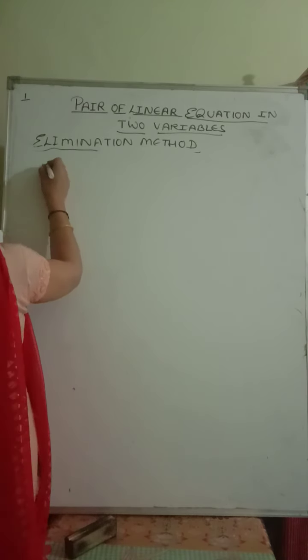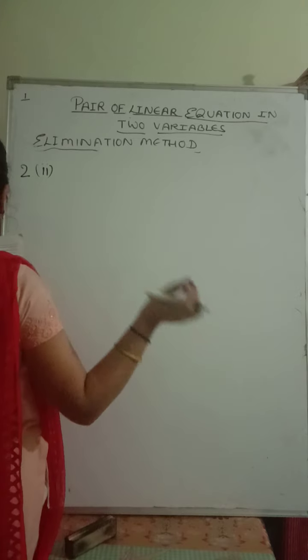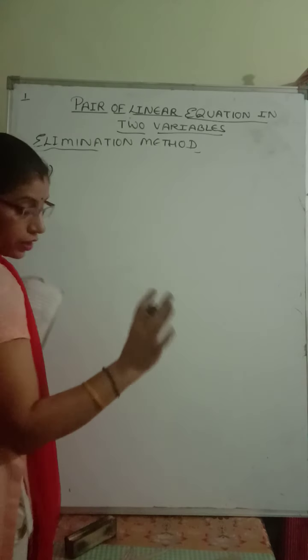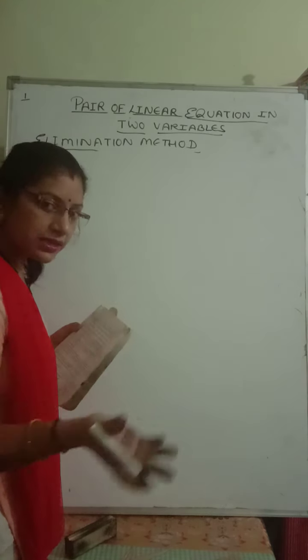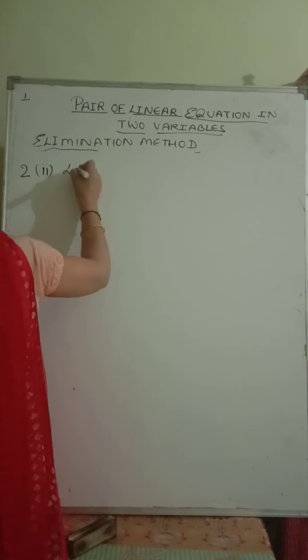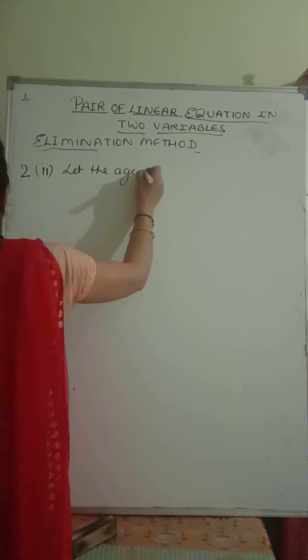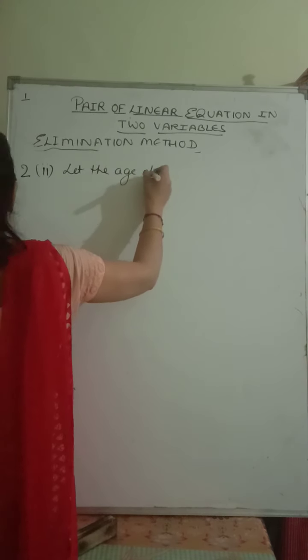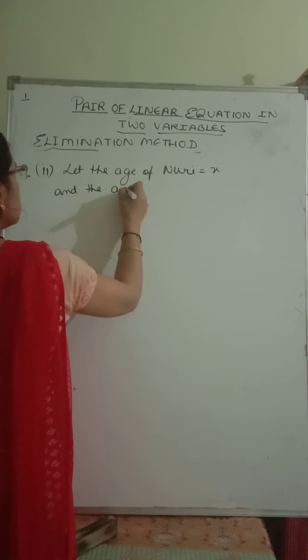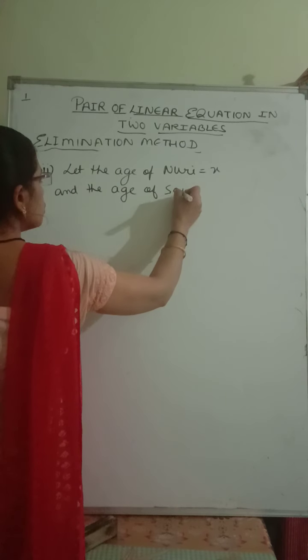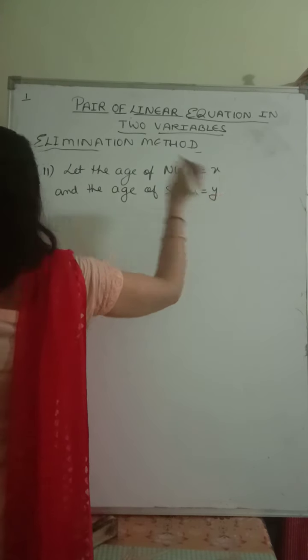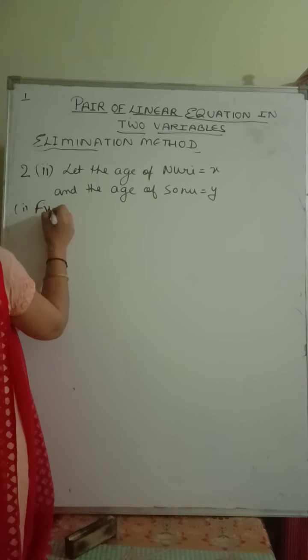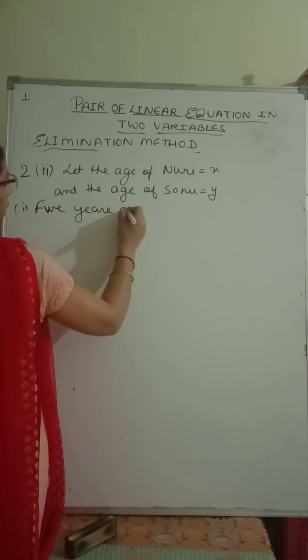So what is this? 5 years ago, Noori was thrice as old as Sonu. तो Noori और Sonu की age की बात हो रही है. So let us consider the age of Noori. Let the age of Noori be x and the age of Sonu be y. अब now what are they saying? They are saying 5 years ago. तो पहली condition है, 5 years ago.